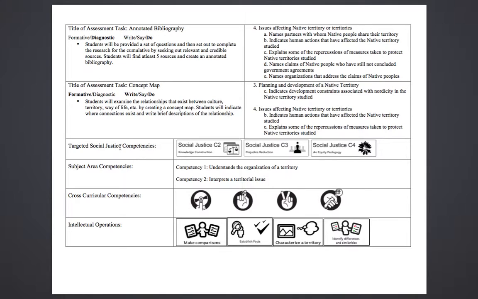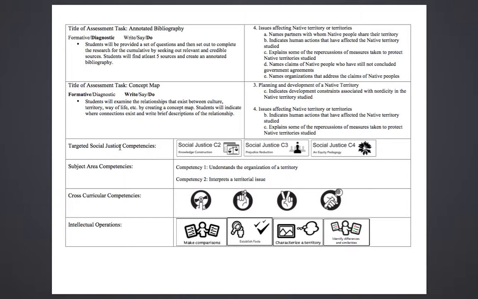Not all Aboriginal cultures are the same, and that in itself is prejudice reduction. So the 4th competency is equity pedagogy, and I feel that, again, the first 2 play hand in hand to work to the 3rd, which is equity pedagogy. By including these views in our classroom, or by learning about this in our classroom, we're becoming more open to their views, and I hope that reflects.